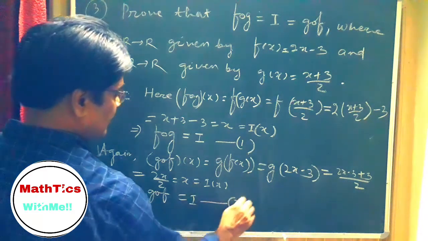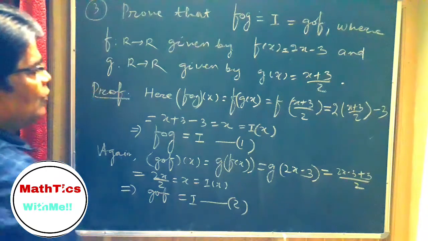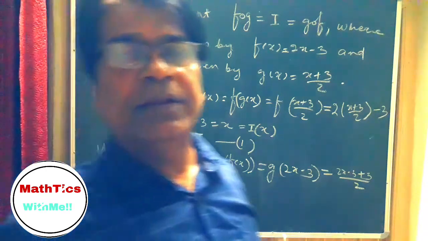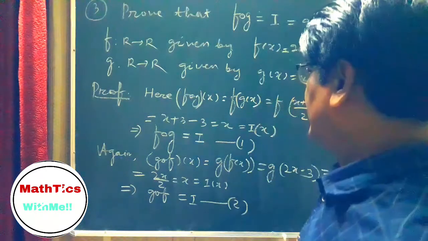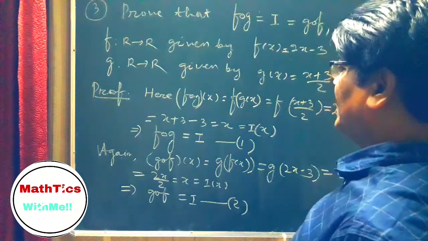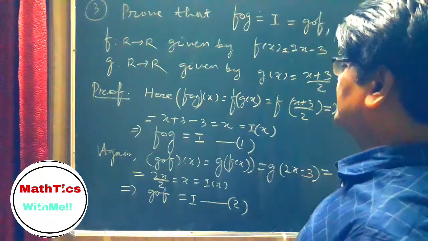This is equation 2. So the composite function f of g of x gives you I(x), the identity function.